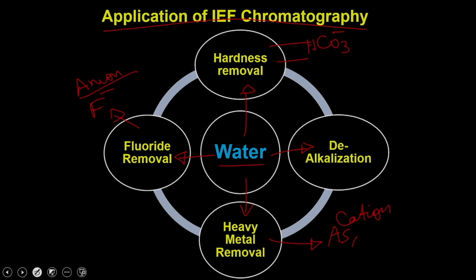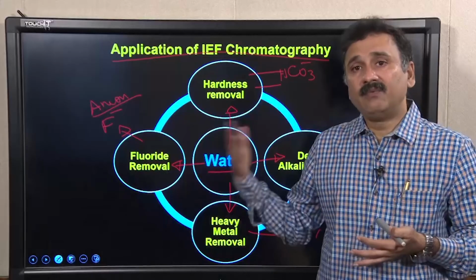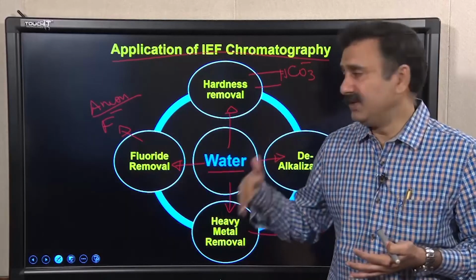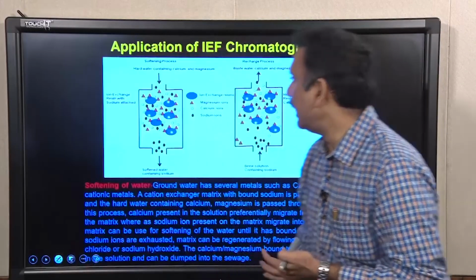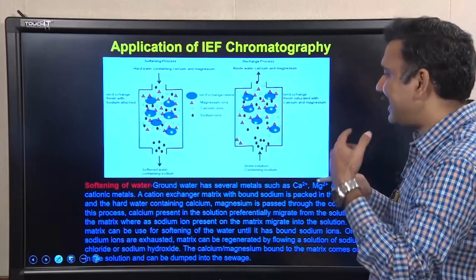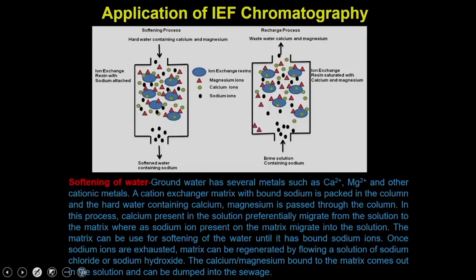These are ions present as impurities in the water, and heavy metals fall under the category of cations. So, when you flow the water through an ion exchange matrix, whether an anion exchange matrix or a cation exchange matrix, you can remove these substances. Let us take an example of how you can remove hardness and make the water softer. Groundwater has several metals such as calcium, magnesium and other cationic metals.